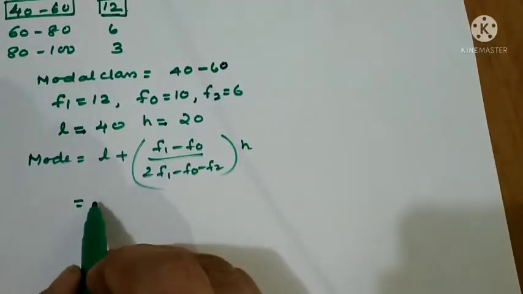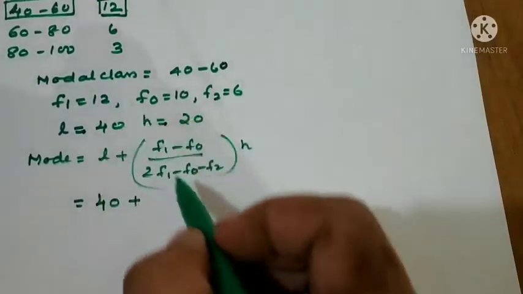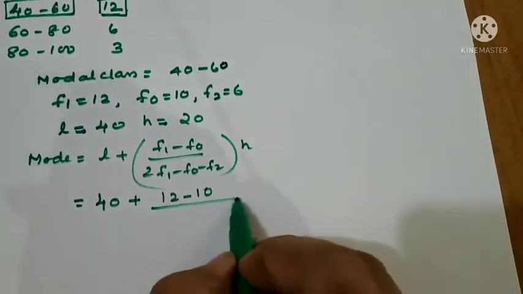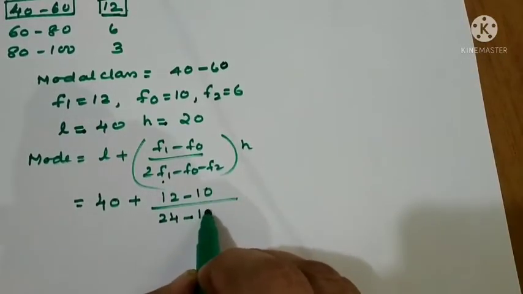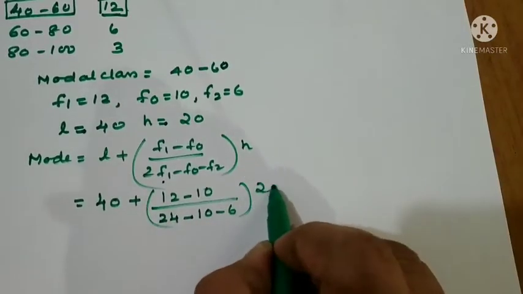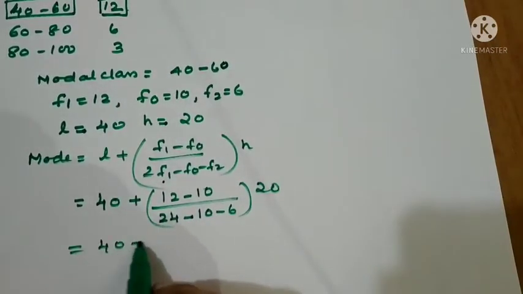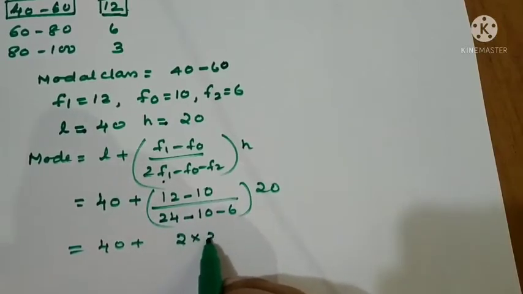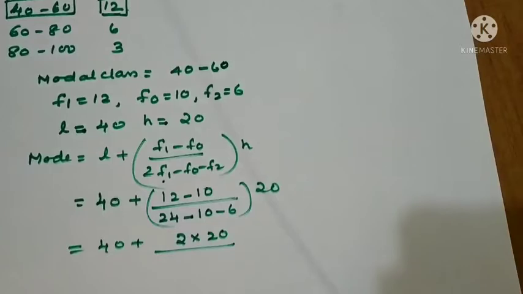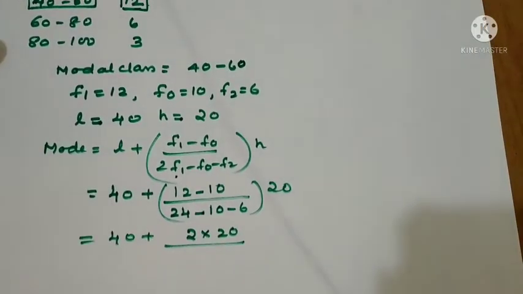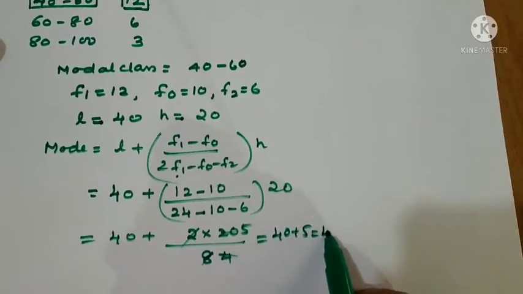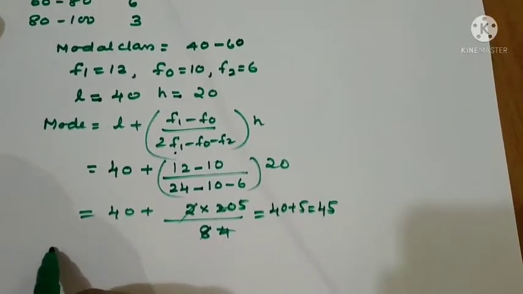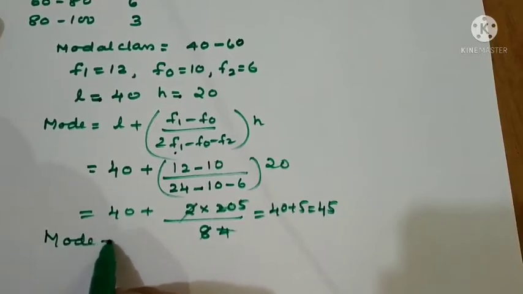L equal to 40, F1 12 minus 10, 2 F1 that is 24 minus F0 10 minus 6 into H, that is 20 only. 40 plus 2 into 20 divided by 24 minus 16. Cancel here. So 40 plus 5 equal to 45. So what is mode now? Mode equal to 45.